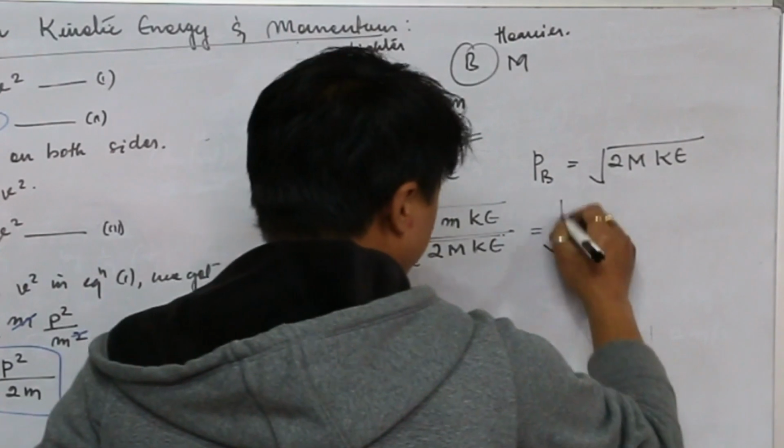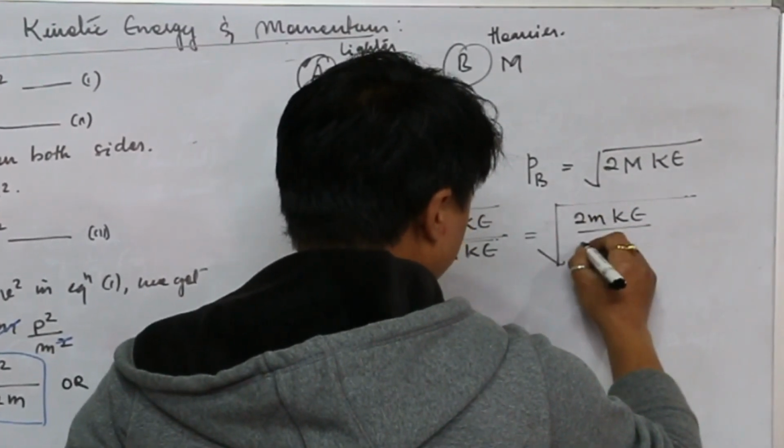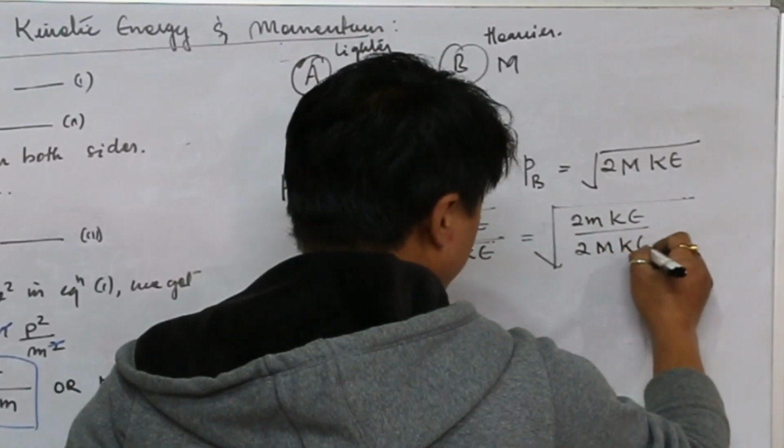So this can be written together as 2m KE divided by 2M KE.